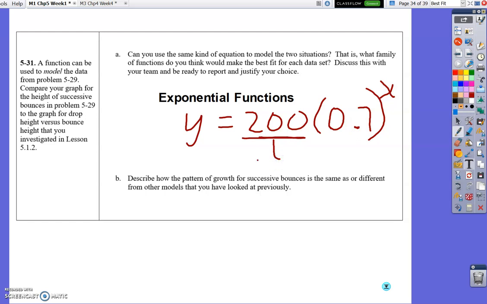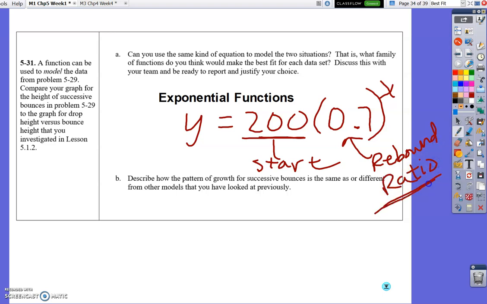Starting value, rebound ratio, ratio being the key word here. So the ratio is really important in this sentence.